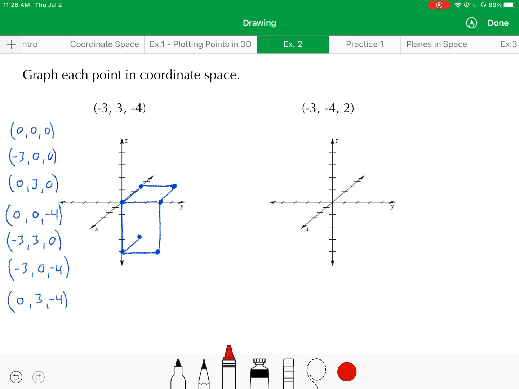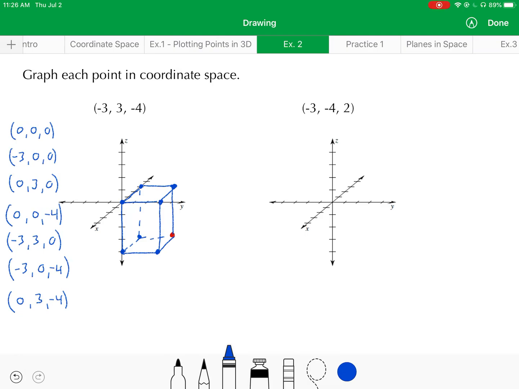It should be right around here, so that when I connect there and there, as well as here, here, I can finish off that box. And then while we're at it, I'm going to make this dashed as well. So you kind of see where's the front of the box and the back of the box.